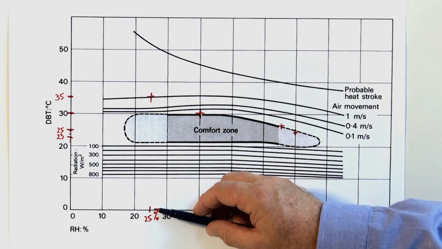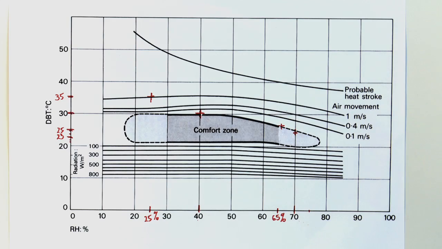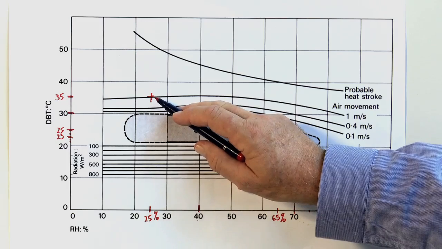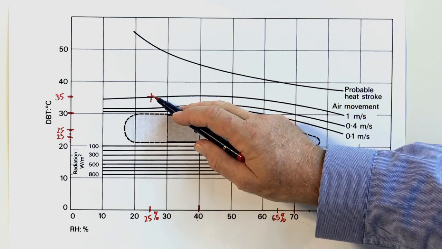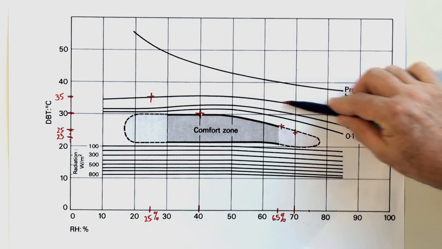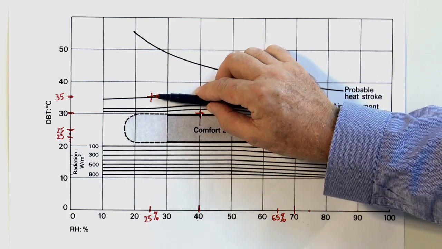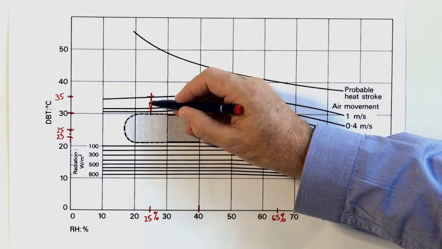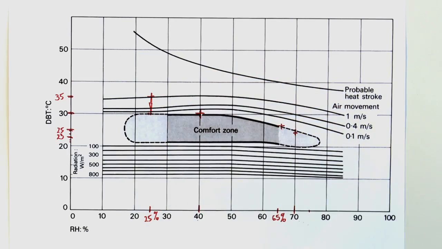So in the case here of 25% relative humidity and 35 degrees dry bulb temperature, by introducing air movement at 1 metre per second, we can pull the temperature down to something that would simulate a comfortable zone.